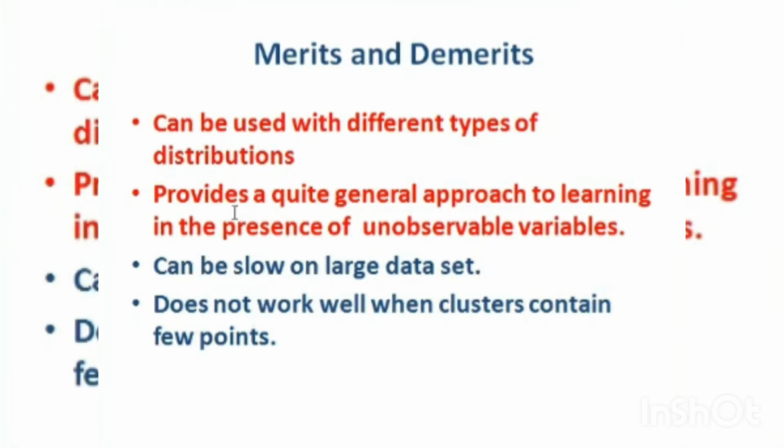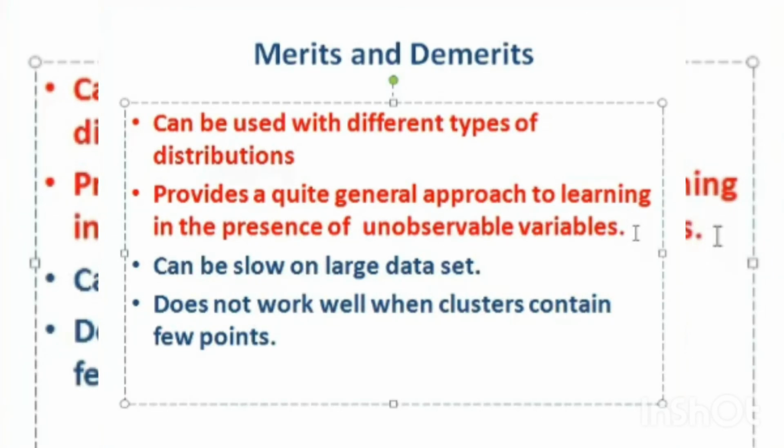It also provides quite a general approach to learning in the presence of unobservable variables. Unobservable variables, as I told you, are branch and gender. These become unobservable. They are not much required, but based on them, we can select the best output. Actually, all algorithms won't provide this feature.